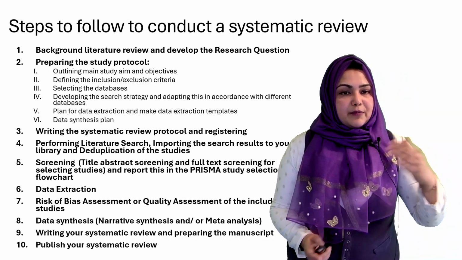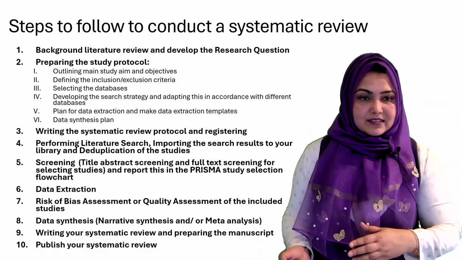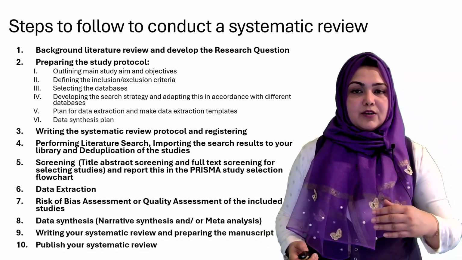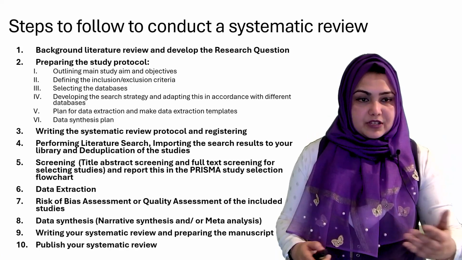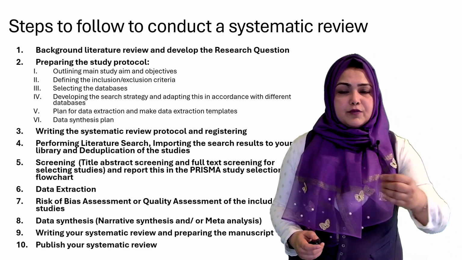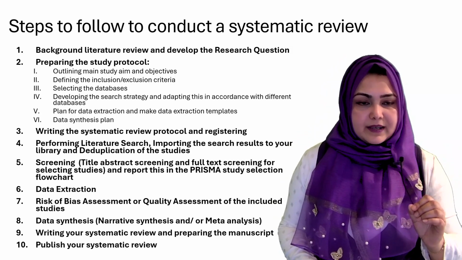First, you need to do the background literature search to see what is the existing evidence base out there and what is the gap in evidence and what you want to contribute in the literature through your systematic review. So these will determine your research question and it needs to be very specific.